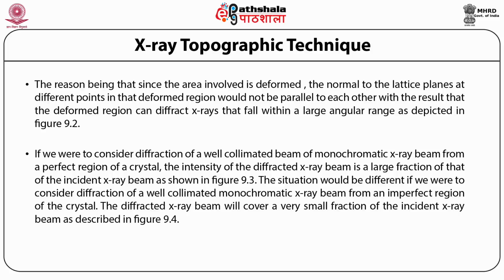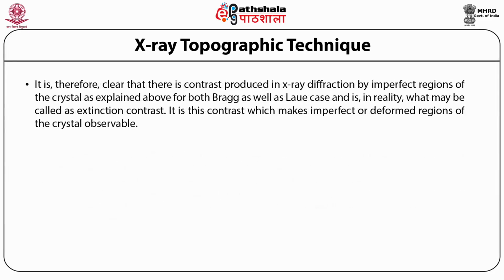The situation would be different if we were to consider diffraction of a well-collimated monochromatic X-ray beam from an imperfect region of the crystal. The diffracted X-ray beam will cover a very small fraction of the incident X-ray beam as described in figure 9.4.